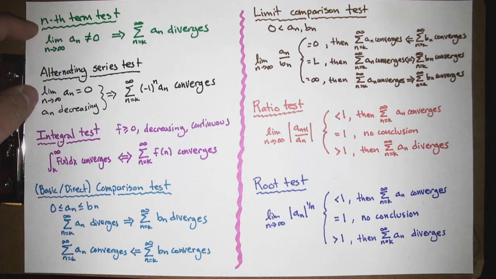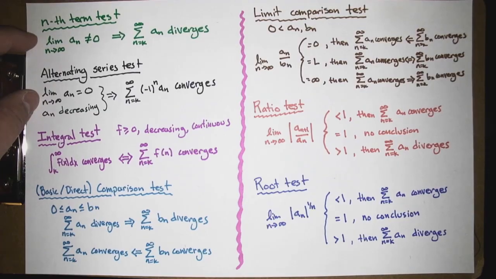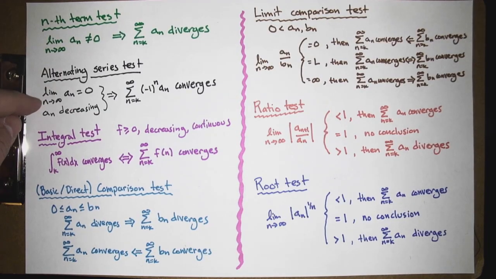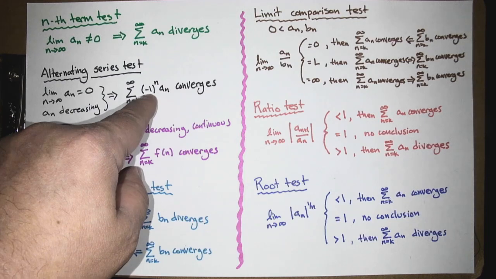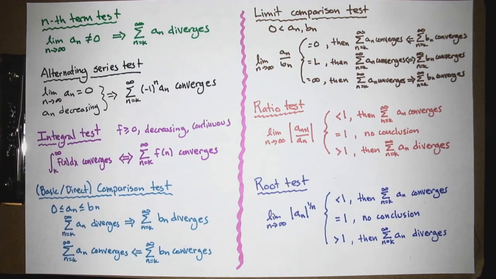I put the alternating series test right next to that because it's somewhat similar. The alternating series test says if your terms do go to 0 and you have this alternating piece, it converges. So these are very easy tests in terms of the behavior of the a sub n.